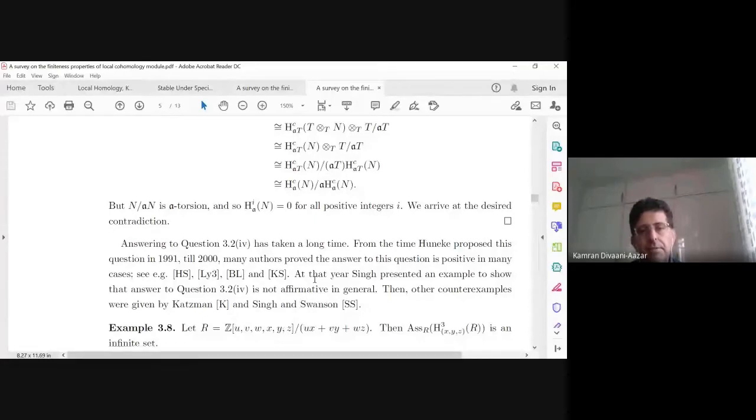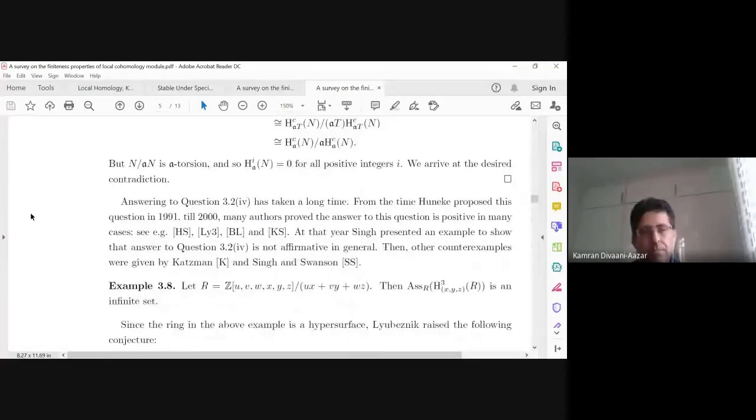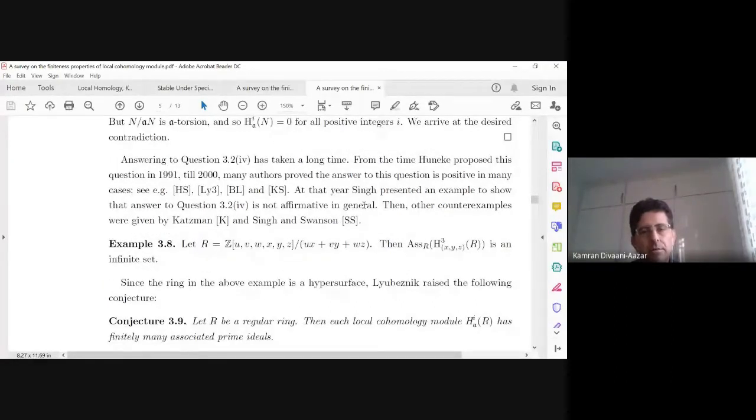But at that year, Anurag Singh presented an example to show that the answer to this question is not affirmative in general. After that, Katzman and also Singh and Swanson provided more examples. But the original example of Anurag Singh is the following.